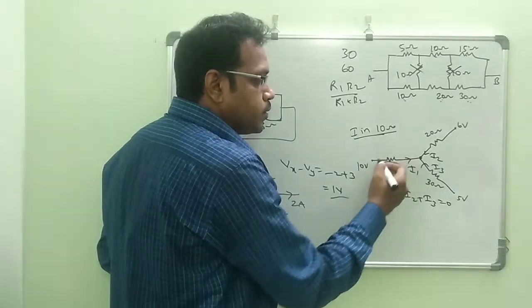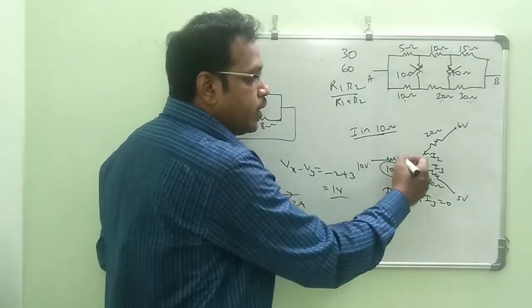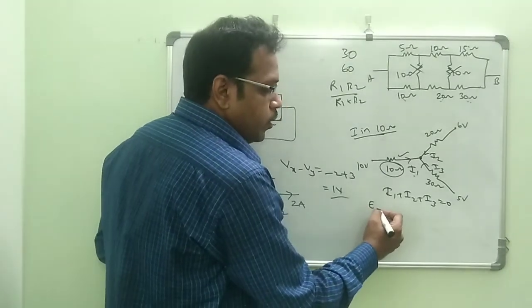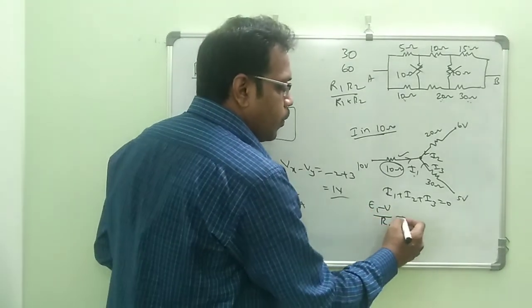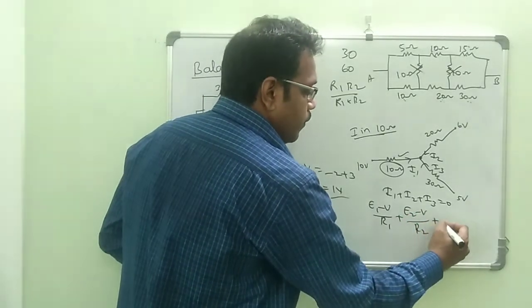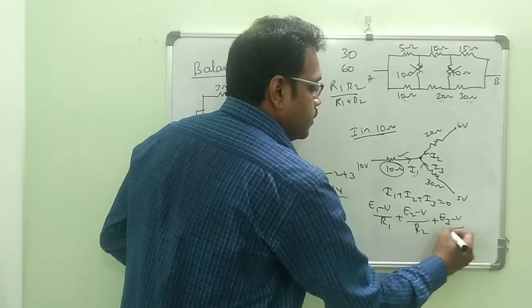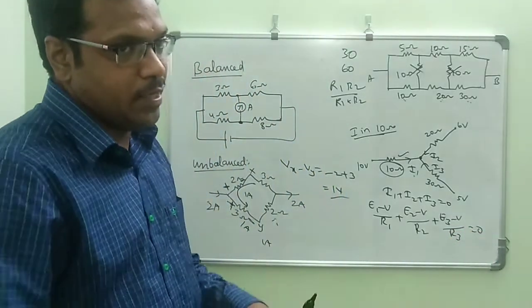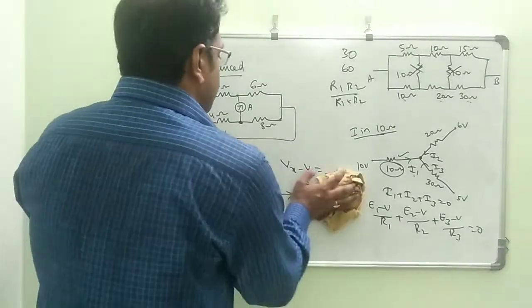We need to find I1, how much current. We need E1 minus V by R1, E2 minus V by R2, and E3 minus V by R3 is equal to 0. From this, find the common potential by substituting the values.